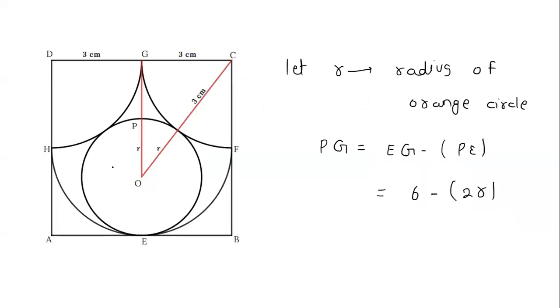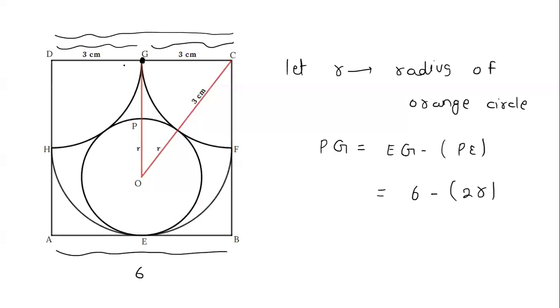So look at this figure. In this figure, we know AB is 6 centimeters. So this is also 6 centimeters and this is the center. So we know this is 3 centimeters and this is 3 centimeters, which are the radii of these quarter circles. So both quarter circles have a radius of 3 centimeters.